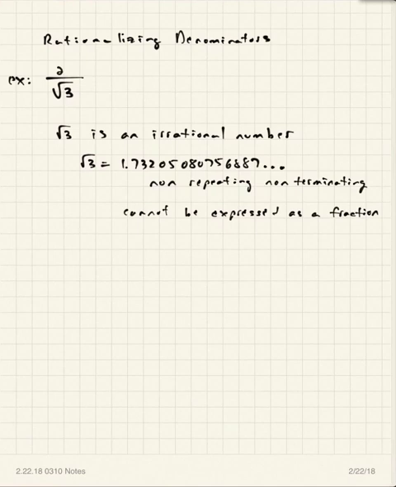So like pi is an example of an irrational number, right? Pi is 3.14159265358979, like that. But its decimal does not terminate, right?